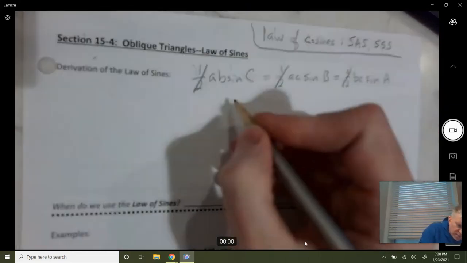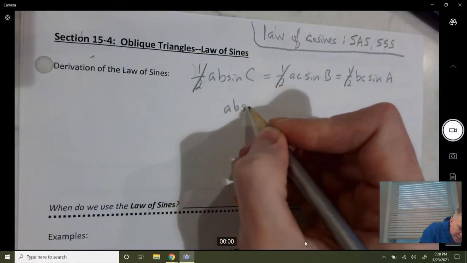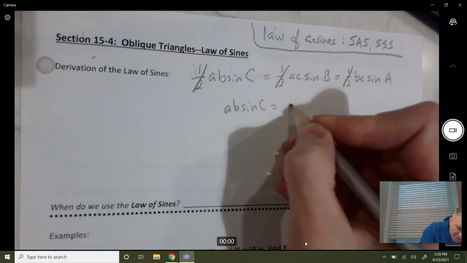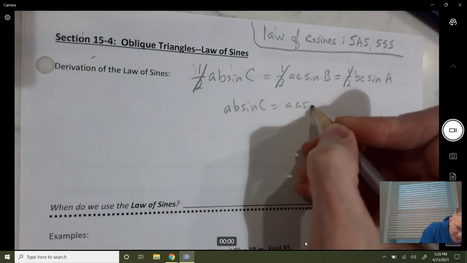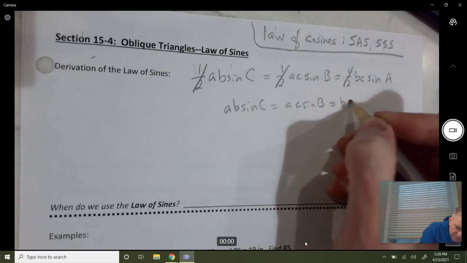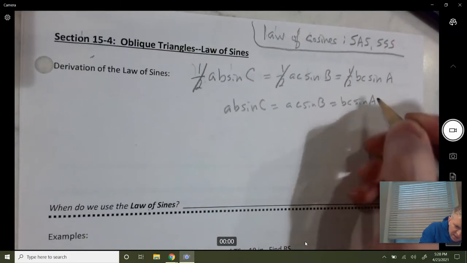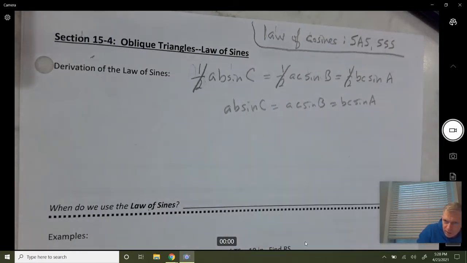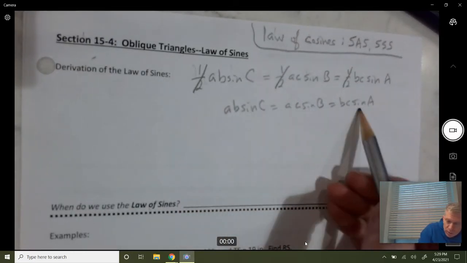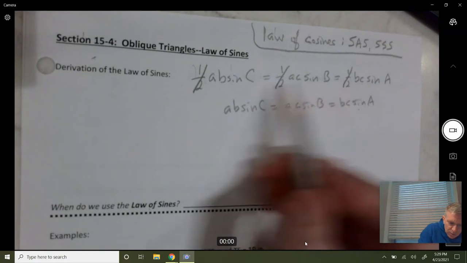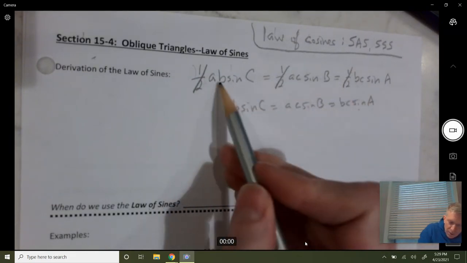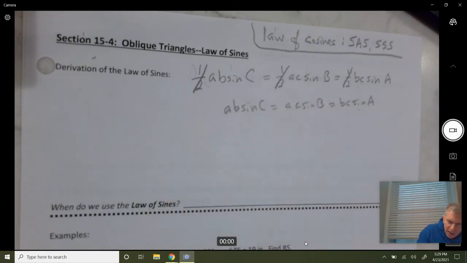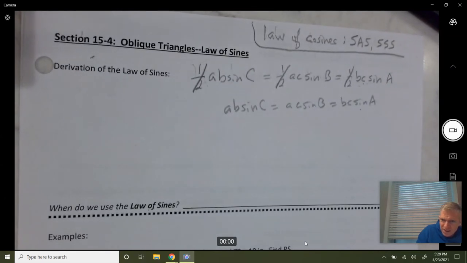Those will go away, and I've got AB sine of angle C equals AC sine of angle B equals BC sine of angle A. This is no longer the area of a triangle, but these are all equal to each other. We took three things that were equal. We got rid of the 1/2, multiplied all of them by 2 or divided by 1/2, however you want to look at it. Now we've got this equation.